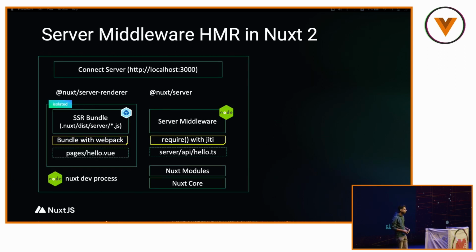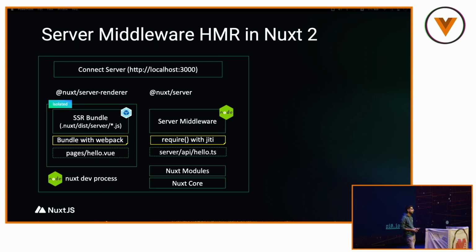To have a closer look at how it was working in Nuxt 2, Nuxt is using an older version of Express called Connect. Connect is also lighter. On top of this Connect server, Nuxt has an isolation for server-side rendering. Every piece of code that you write in your application, plugins, components, everything else, is bundled through Webpack, or using Nuxt Bridge, Vite.